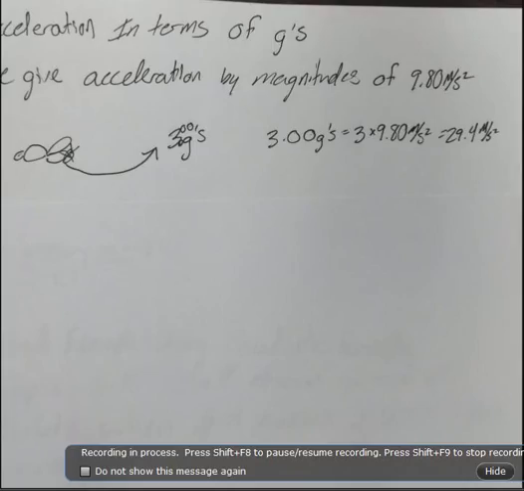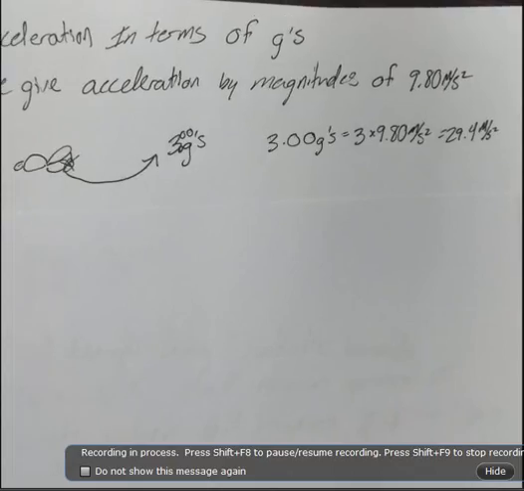One of the things that makes it convenient to talk about acceleration in terms of g's is the fact that we can relate how many magnitudes of force of gravity a human body can resist, and we'll talk about that more when we talk about dynamics too.